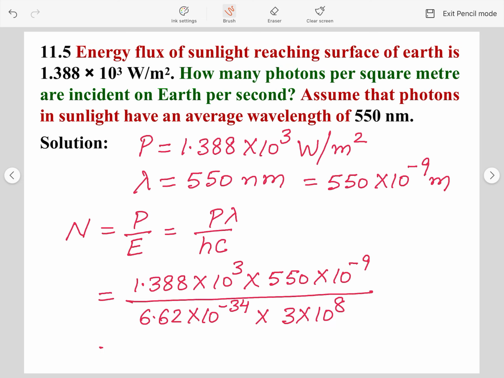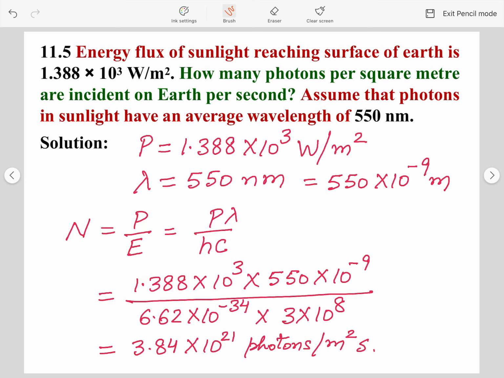All these values just solve, we will get 3.84 into 10 raised to power 21 photons per meter square per second.